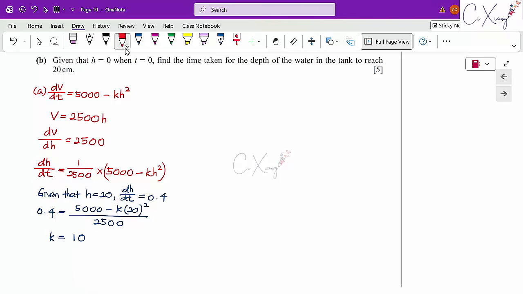All right, so if I rewrite my equation again, dh/dt, then I can simplify all the terms by 10.